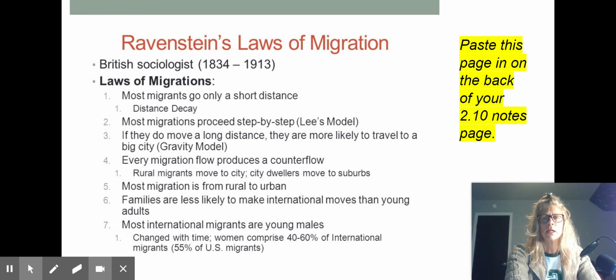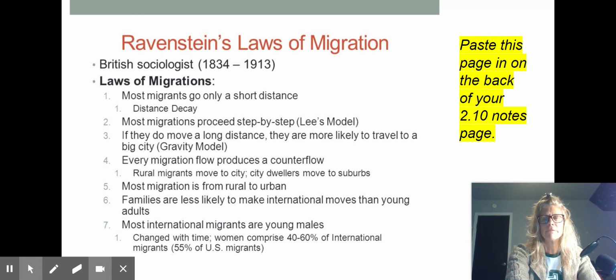And then law 4 is every migration flow produces a counterflow. And so I can use Mexico as an example of this. A lot of Mexicans enter the US to look for better opportunities, but we also see a counterflow of Americans going to Mexico, maybe on travel vacation, or to even retire there because it's warmer, closer to the equator.